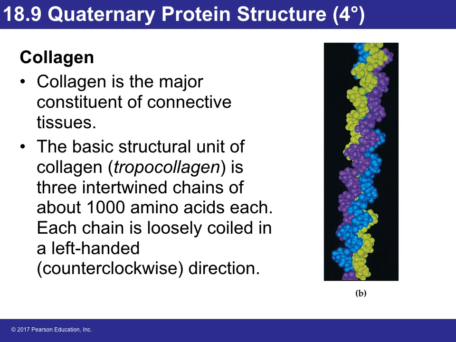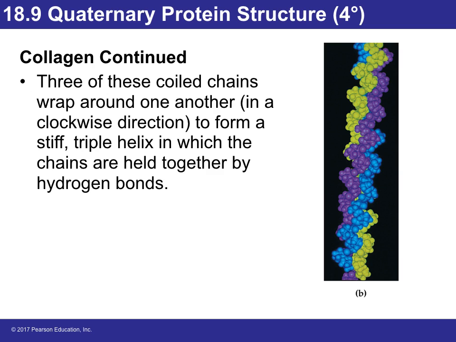They are loosely coiled in a left-handed, meaning counterclockwise, direction, and those 3 coiled chains wrap around one another, this time in a clockwise direction, to make a stiff triple helix in which the chains are held together by hydrogen bonds. So remember, hydrogen bonding is an interaction between a negative and a positive charge.